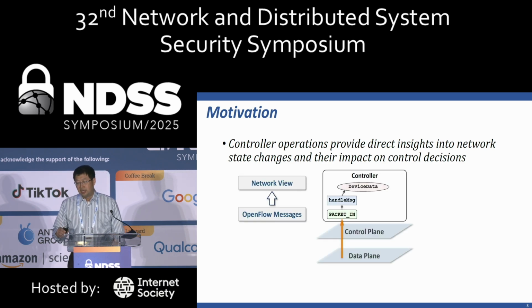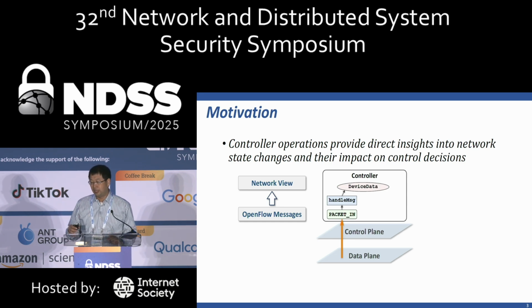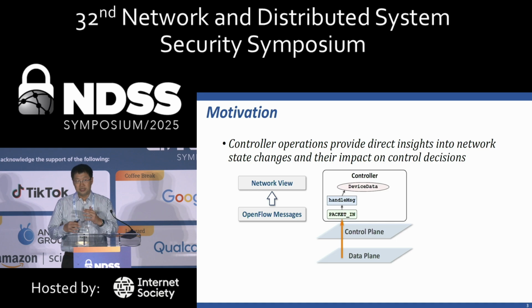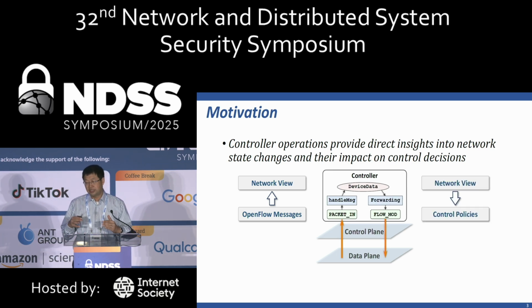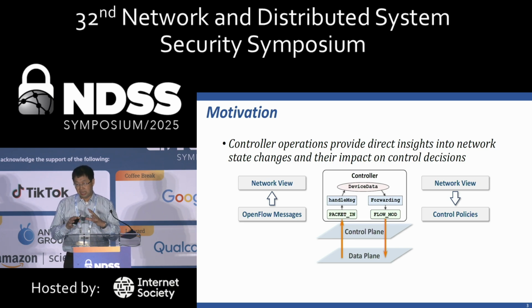For example, the SDN controller operates on OpenFlow messages. The messages define what state the controller is in and affect its view of the network. And how the control policy is changed can also be reflected by how the software operates.